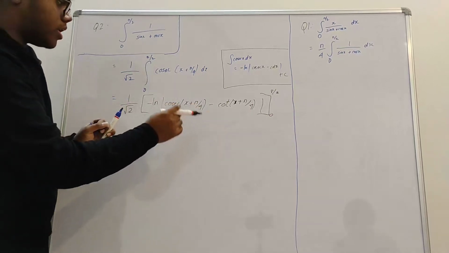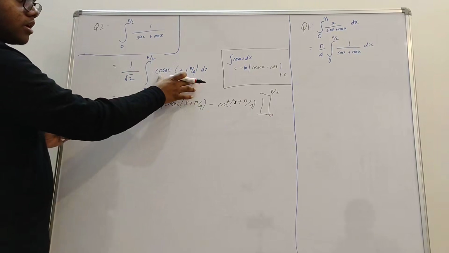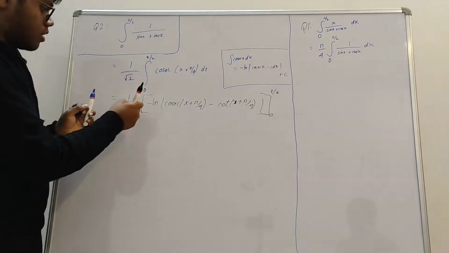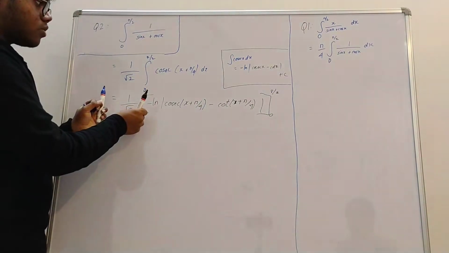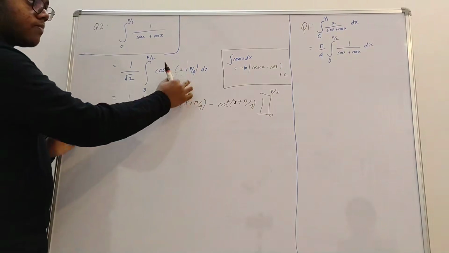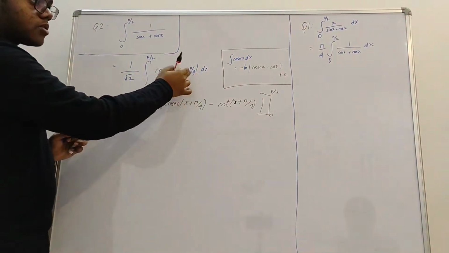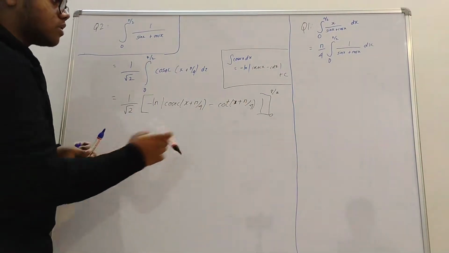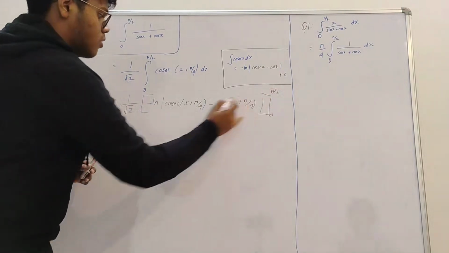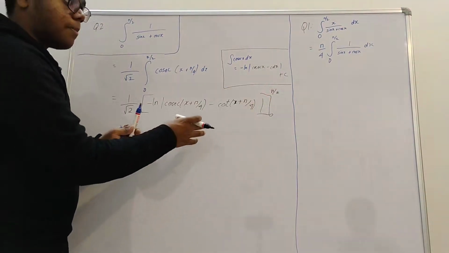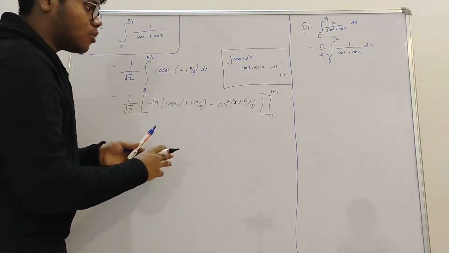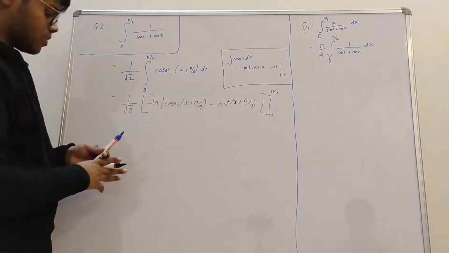Whenever you integrate a term like this, you have to make sure you divide by the derivative of the inner term. The derivative of x plus pi by 4 becomes 1, so we don't need to write that here. Now we have to substitute the upper and lower limits and find the difference between them. Let's do it.